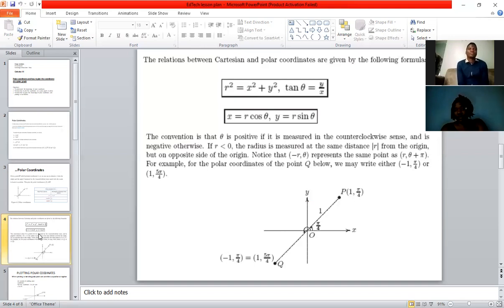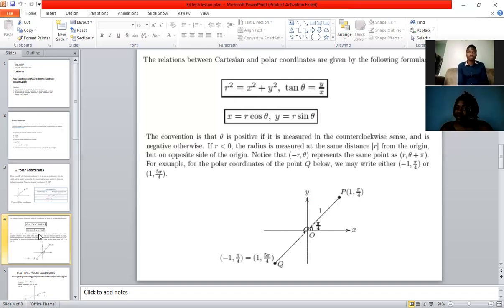Now, if you put the negative r in magnitude lines, it becomes positive. So in other words, you will notice that negative r, theta is the same as positive r, theta.